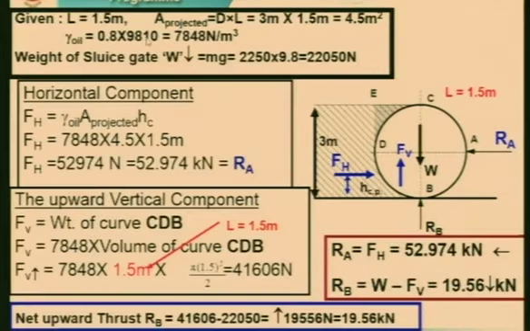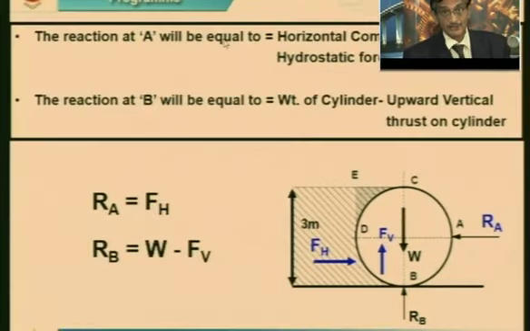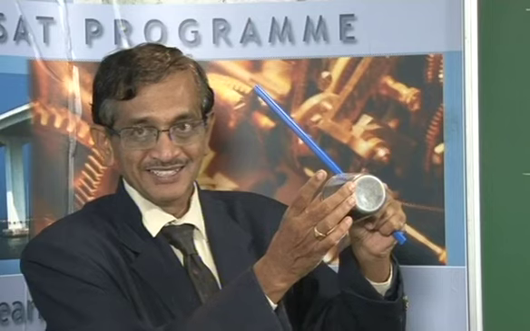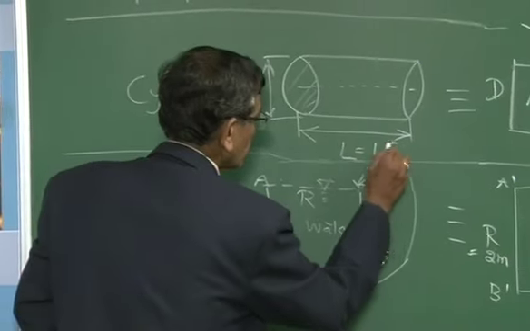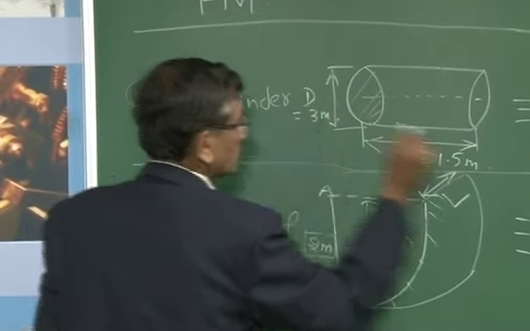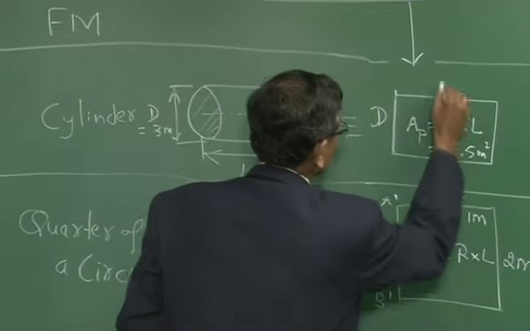Now I will go slightly more equation-wise. Length 1.5, area projected. I think I already taught you. What is the area projected? Area projected will be 3 meter into 1.5, which is 4.5 meter square.